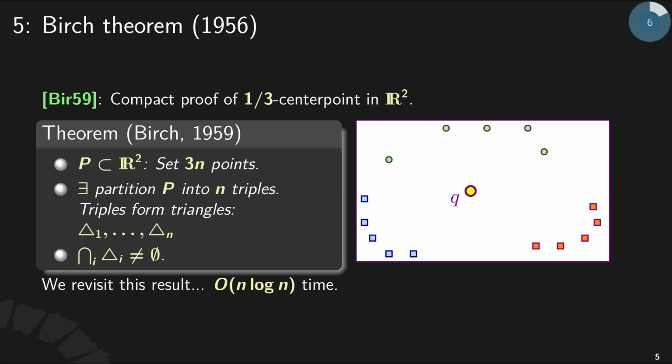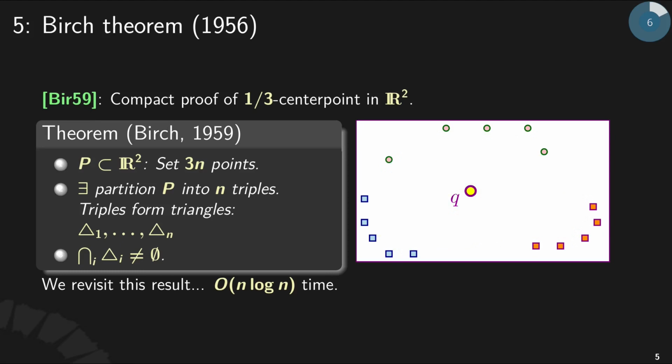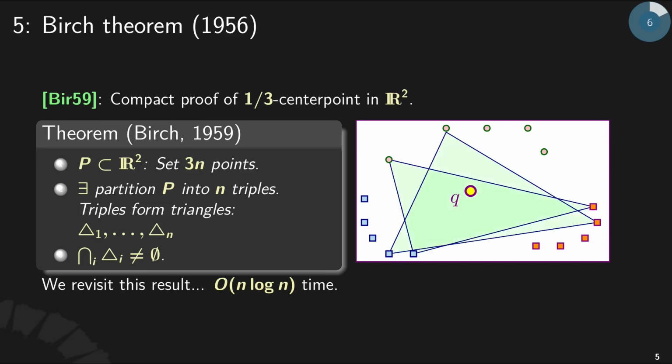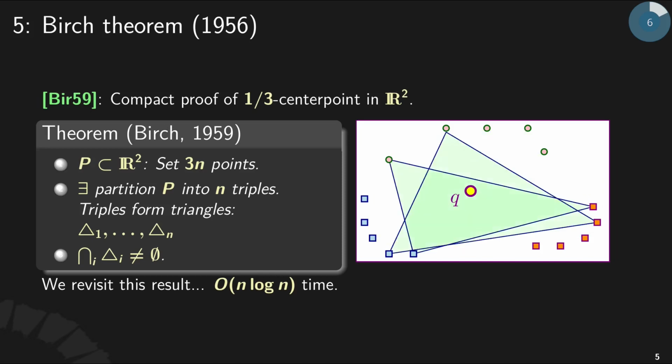So Birch showed that in two dimensions there is always a third center point, right? So there is a point that contains a third of the points for every half plane that contains it. But you can do much better than that. You can compute a partition of the points into triangles.